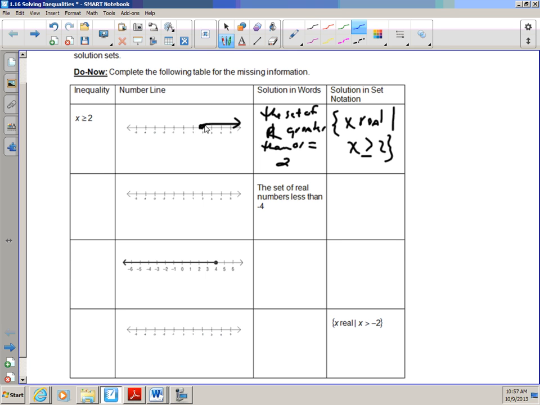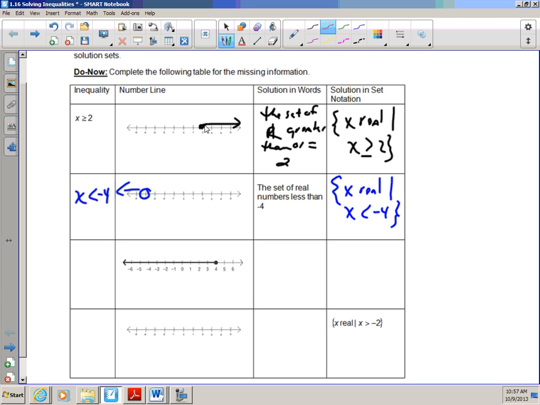The second one, the set of all real numbers less than -4, x is less than -4. Since it's only less than, I'll just find out where it is, 1, 2, 3, 4, open circle going to the left. And it's x is real and x is less than -4.